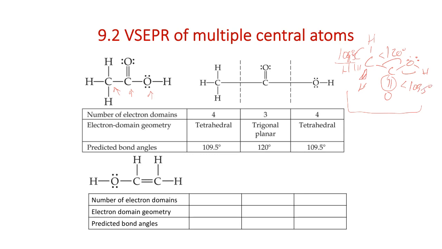So tetrahedral for the first carbon, trigonal planar for the second, close to 120, tetrahedral for this one here, and maybe even predicting slightly less than 120 for the carbon to oxygen bond angle due to the double bond repulsion. So you can even come up with a prediction of whether they should be exactly dead on or really close to those bond angles, or maybe slightly less, due to our understanding of these repulsions.